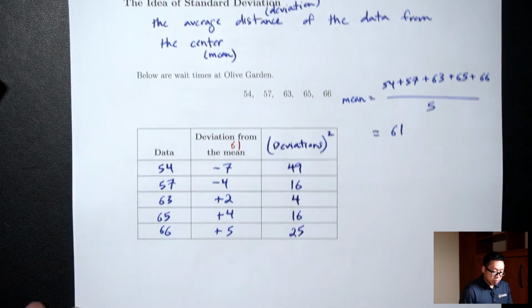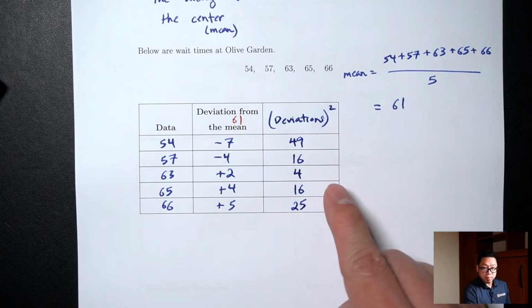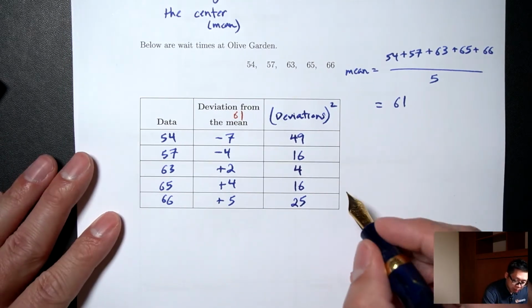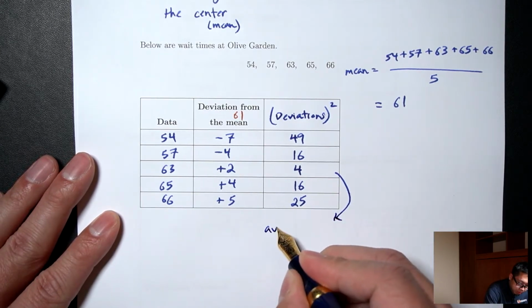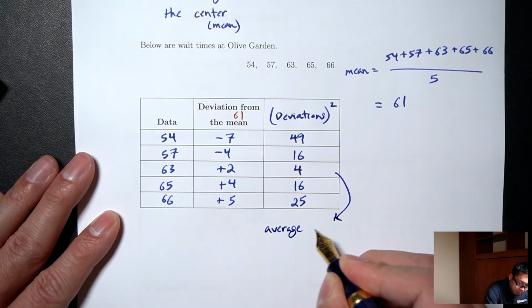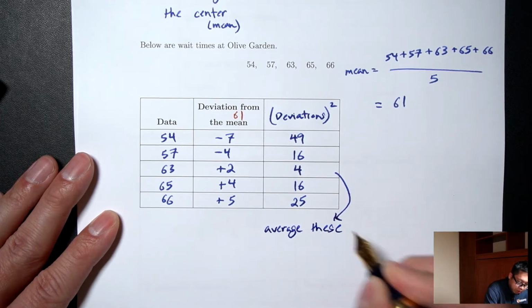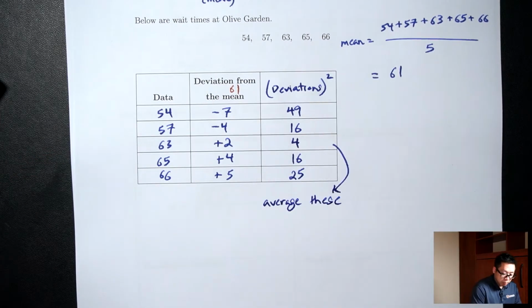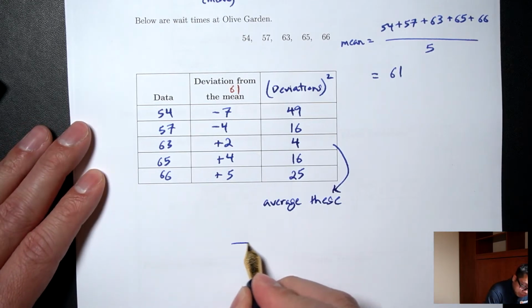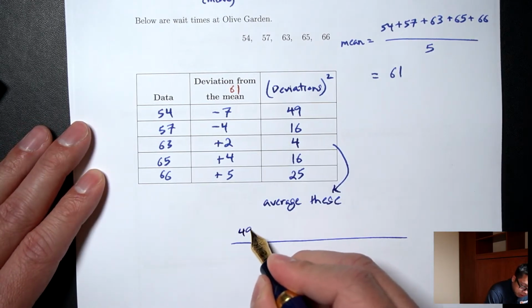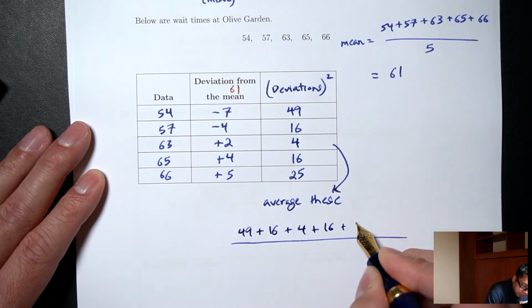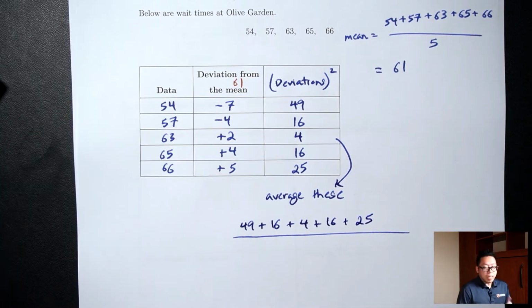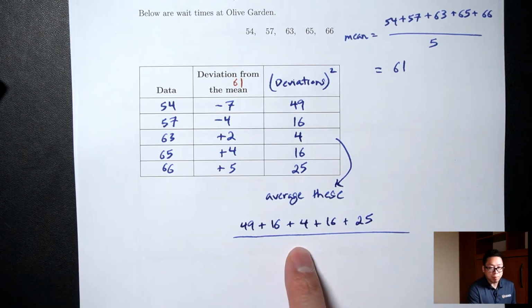And the idea is, I'll take the average of these. Okay, so we'll average these. And that just means we're going to add them up. And then normally when we find an average, we would divide by however many values we have.